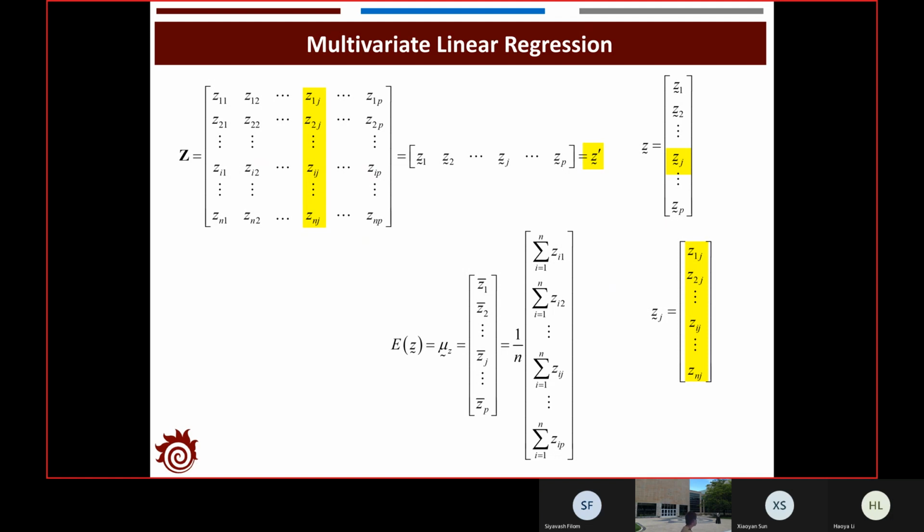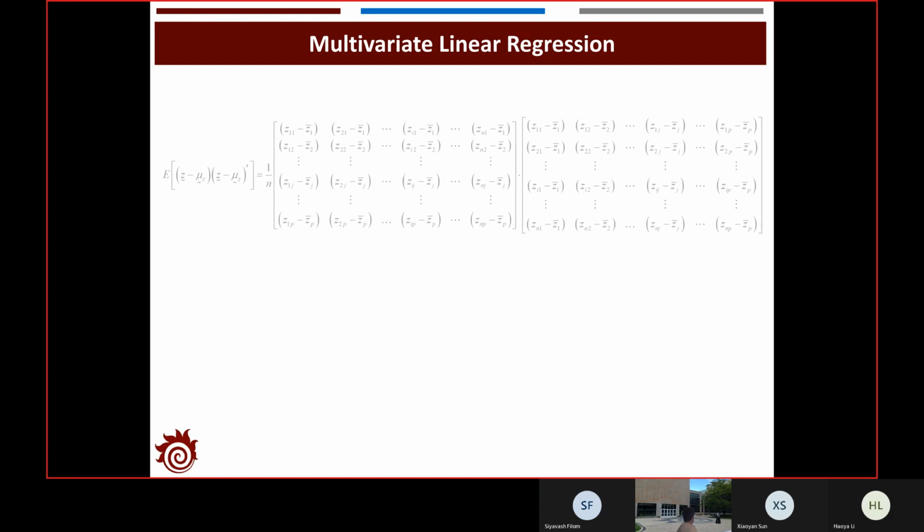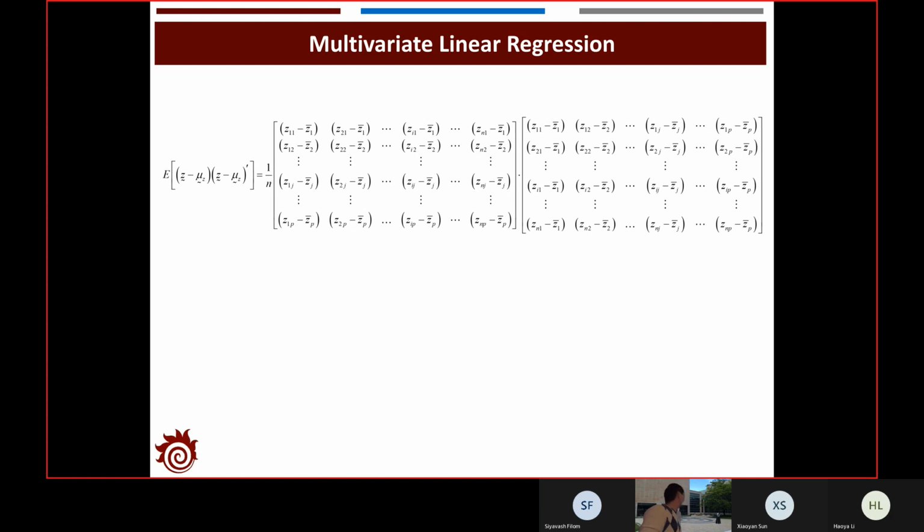Z1 bar represents the average value of the first variable, Z2 bar is the average of the second variable, and so on. Those are the definitions we have. You can also find out the covariance matrix of the Z vector. This is the definition of the covariance.